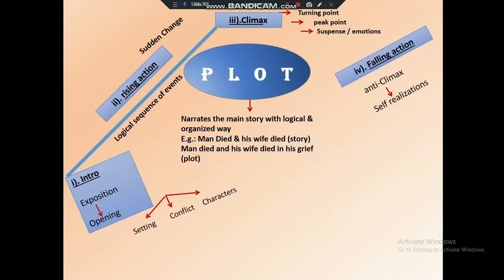So in this way, this is all anticlimax. And in anticlimax, you can feel that Portia is going to reveal her disguise as well. But yet she has not exposed the reality, but she is going to, after falling action.